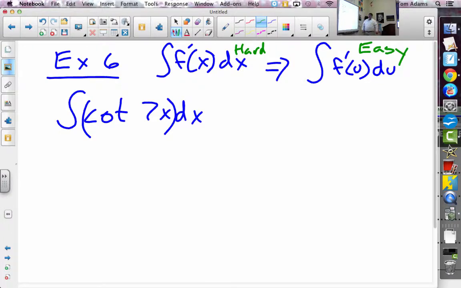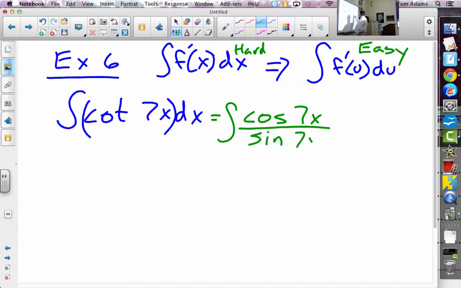And so cotangent of 7x, well, this is going to seem weird, but when you run across this, it's really the same as cosine of 7x over sine of 7x dx. And notice that cosine and sine are derivatives of one another, right?